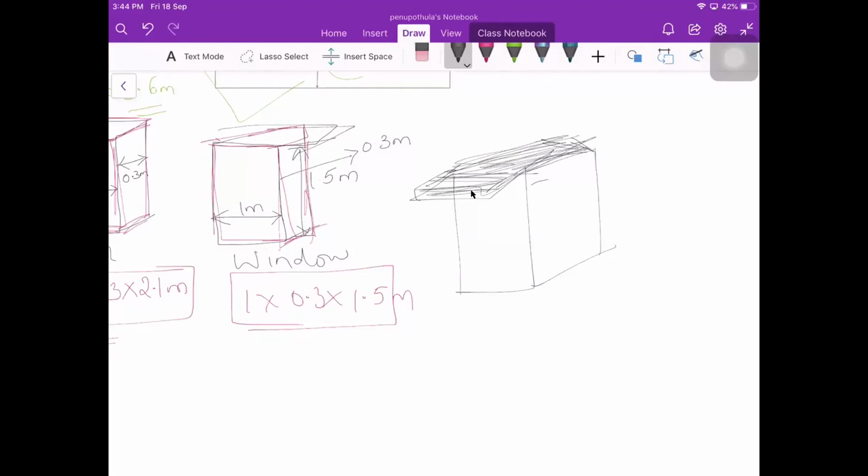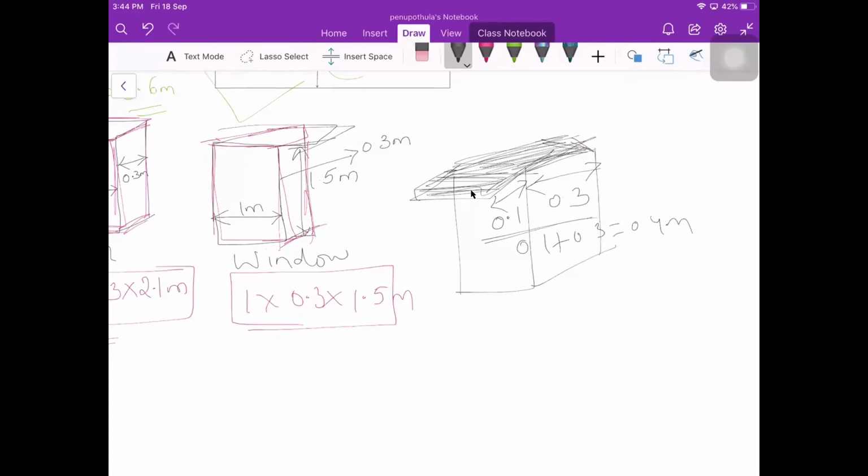So along with this 0.3 meters, there is 0.1 meters additional, so the total is 0.1 plus 0.3, which is 0.4 meters.